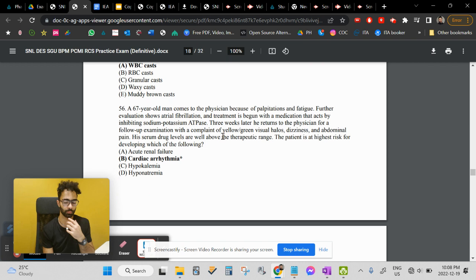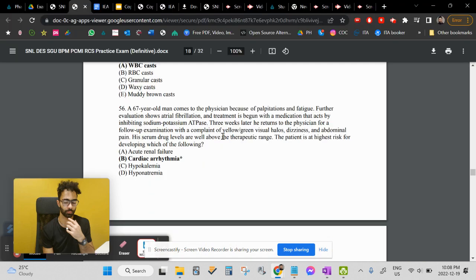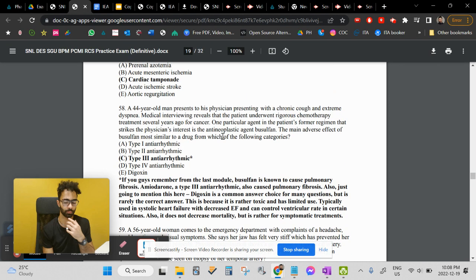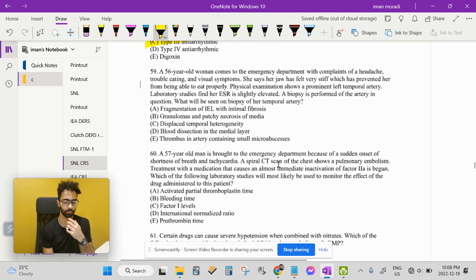So cardiac. What am I looking at? 56, okay. 57. First of all, cardiac tamponade, and yes, amiodarone, type 3. Okay, 59.